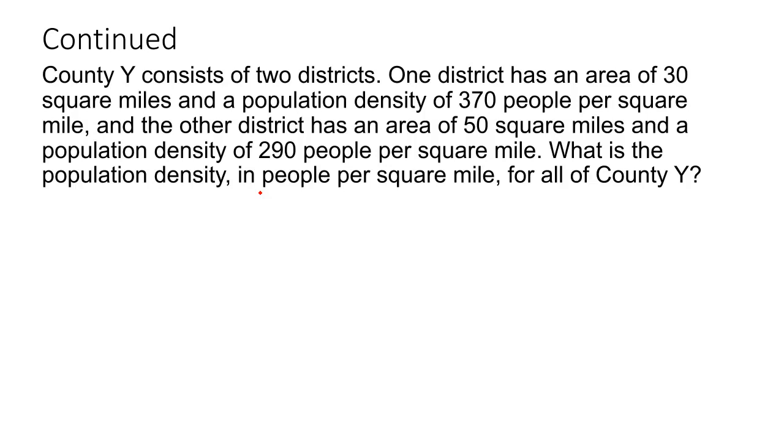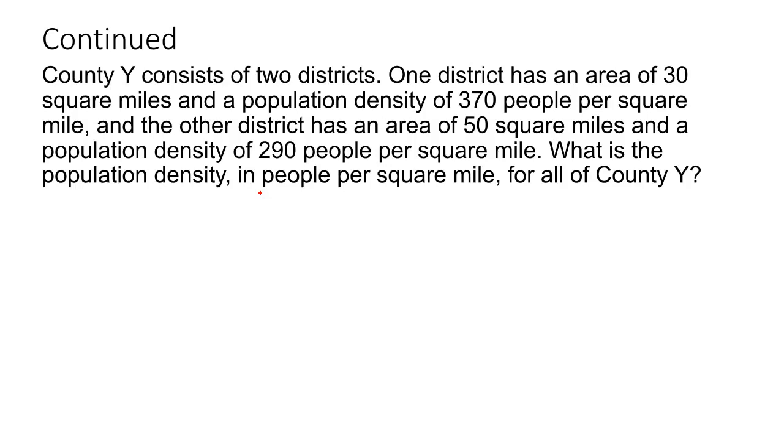What information would I need in order to find the population density for that area? I need to know two things. Total amount of square miles and the total amount of people. If you want the people per square mile, you have to know how many people and how many square miles.